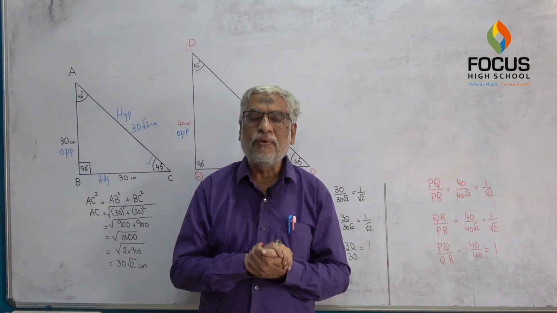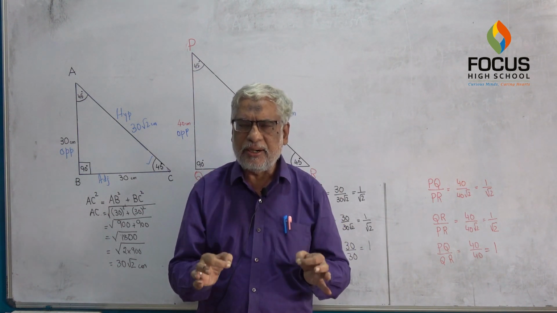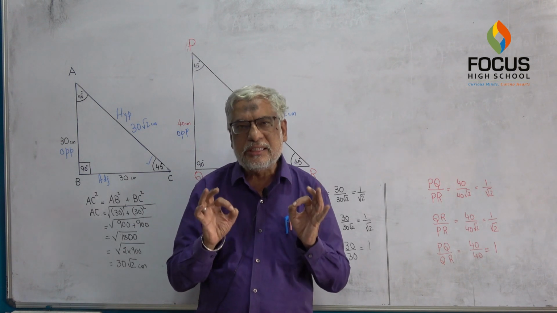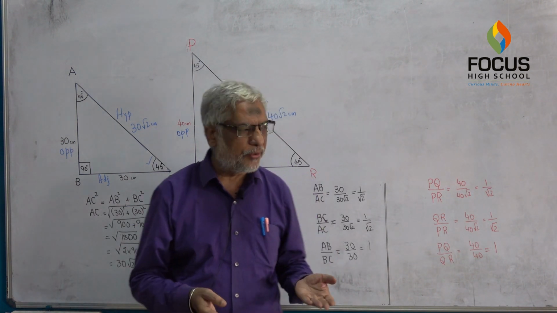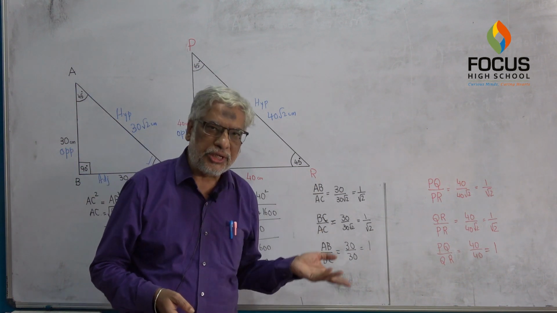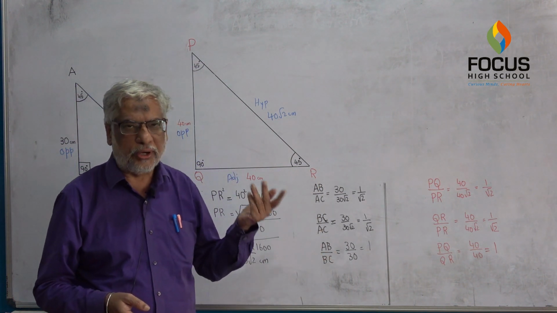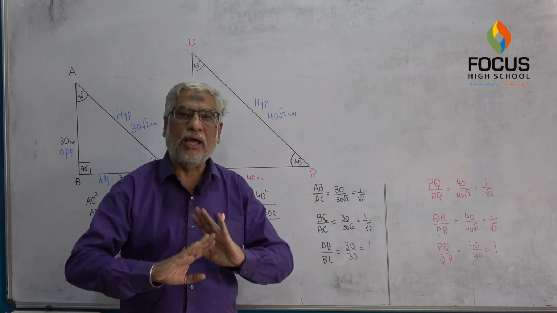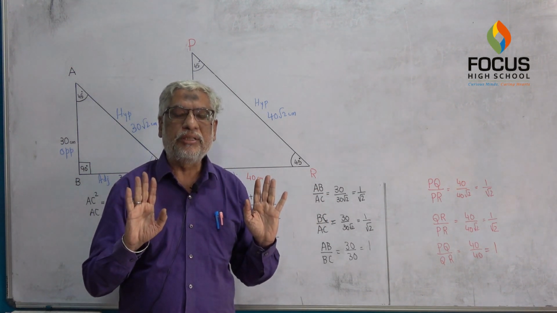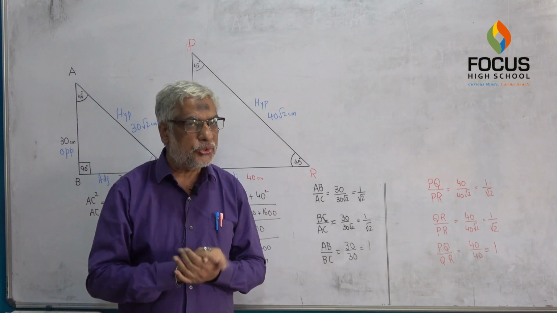So this is the basic, this is the fundamental of the whole chapter, trigonometry. Now if I change the angle from 45 to 30, 45 to 60, 45 to 0, 45 to 90, there will always be fixed values. I end up with fixed values.